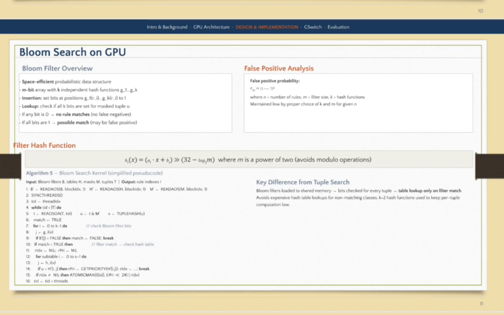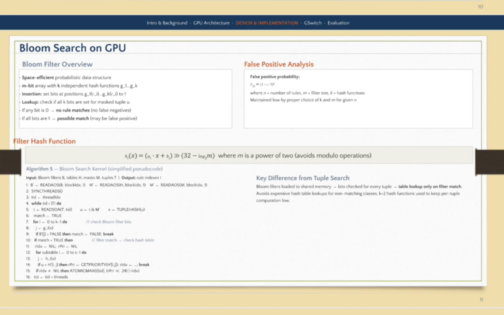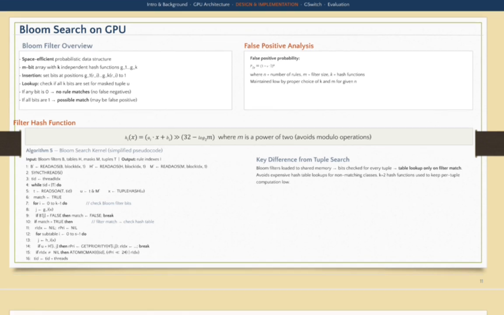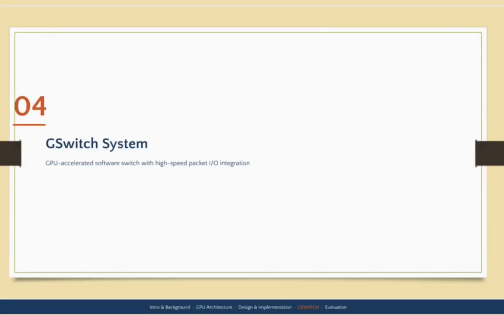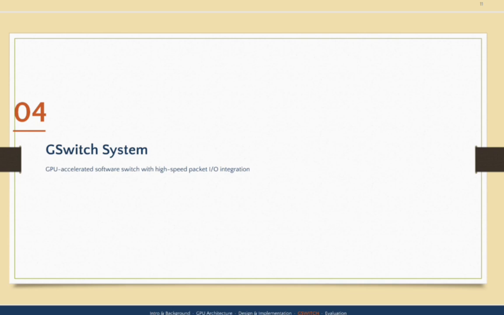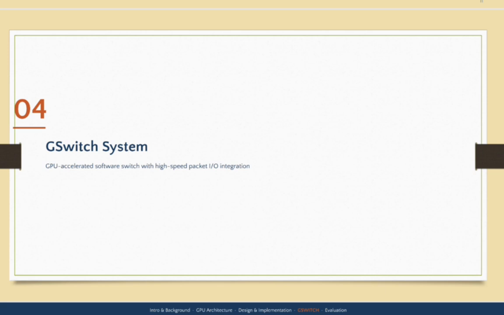As a result, Bloom search is faster than tuple search, especially when the number of classes is large and only a few classes match each packet. Slide 12 introduces G-switch, the GPU-accelerated software switch proposed in the paper. G-switch combines GPU-based packet classification with high-speed packet input and output.